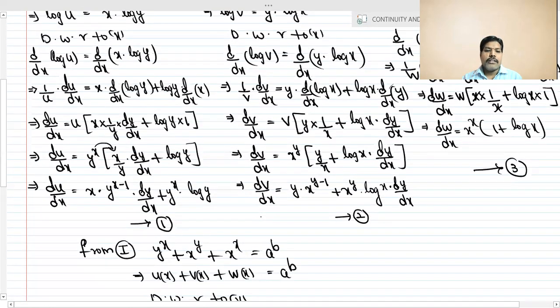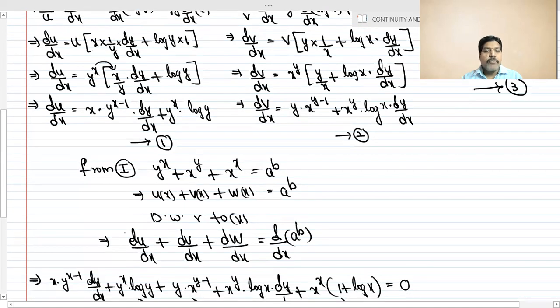After getting all these values, take y power x plus x power y plus x power x is equal to a power b. So u plus v plus w is equal to a power b. Differentiate with respect to x, students.